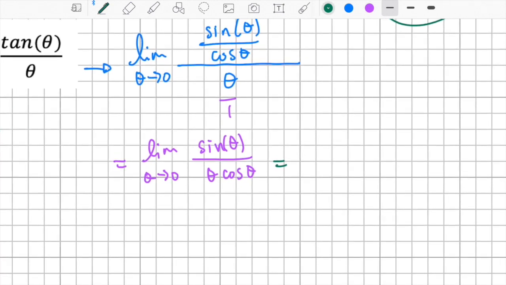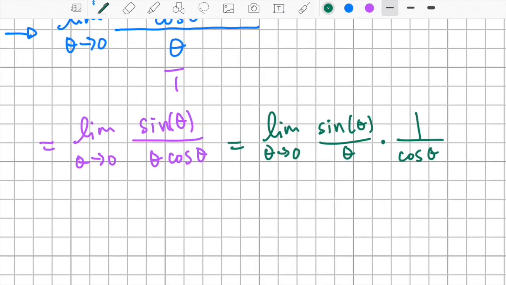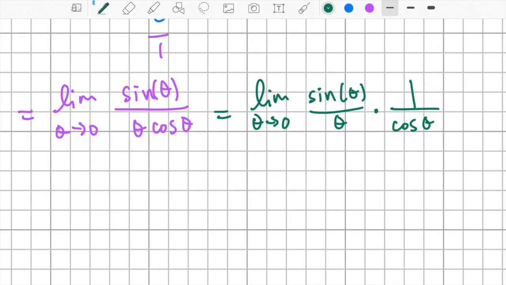Now, just to make things simpler, we can split it up a little bit. So limit as theta approaches 0, I'm going to rewrite it like this: sine of theta over theta times 1 over cosine of theta. That makes things easier. Notice that when I take the limit of this one right here as theta approaches 0, that's going to be 0 over 0, but according to the theorem, the limit is approaching 1.